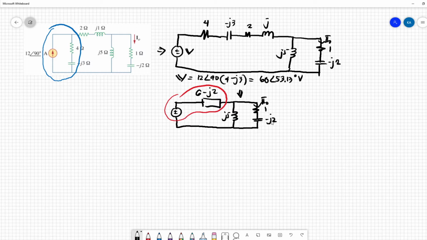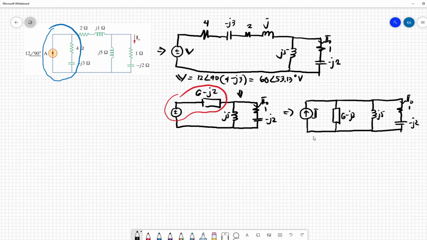So we'll have our I equal to V over 6 minus j2, which is equal to 9.487 angle of 71.565.